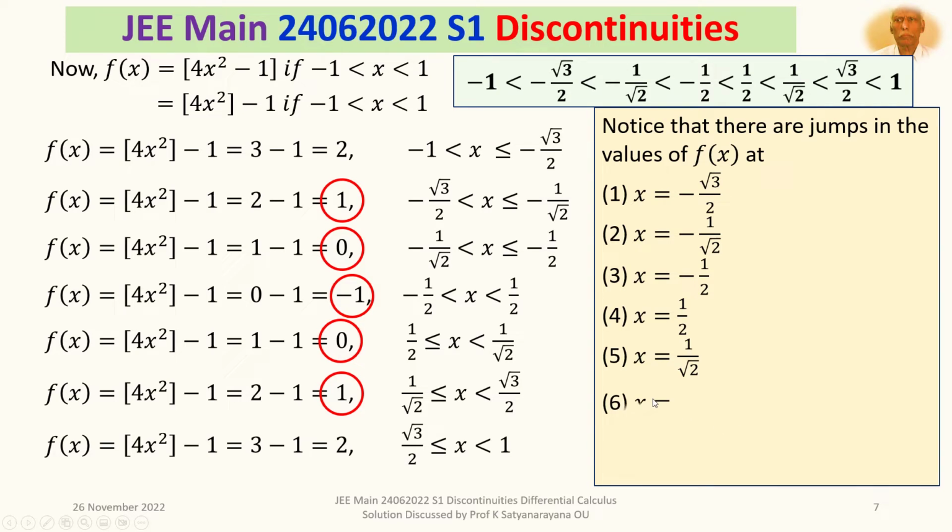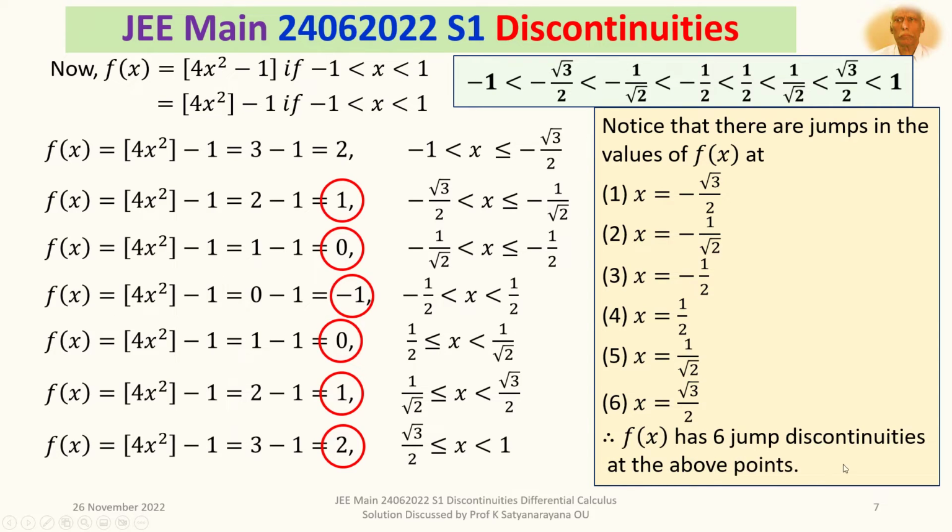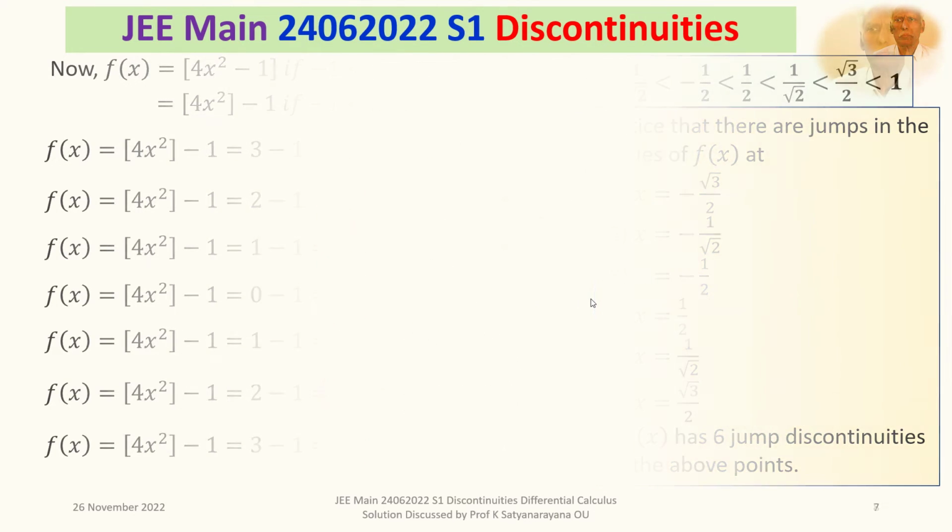Sixth one, x = √3/2, there is a jump from 1 to 2. So in all, there are 6 jumps that we have noticed. That means there are 6 discontinuities for this function in the interval -1 to +1. So f(x) has 6 jump discontinuities at the above points. Now we continue in the next slide.